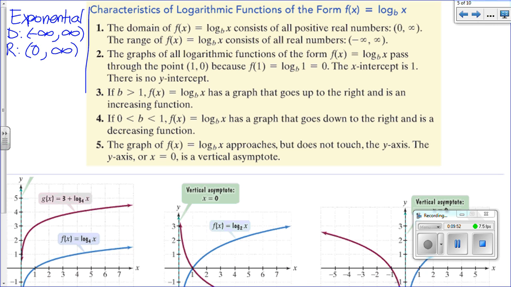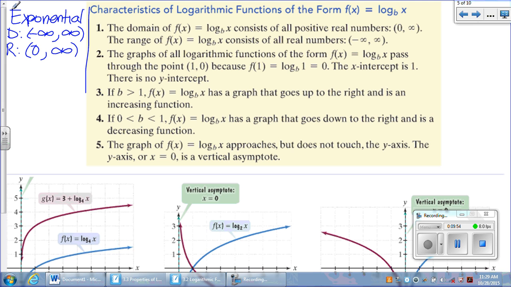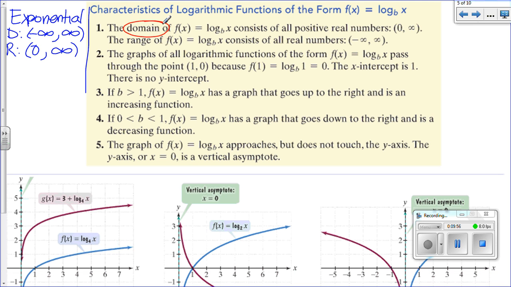So if you notice here for the logarithmic function, the domain is actually the range of the exponential function, because remember how we interchange the x and y values.